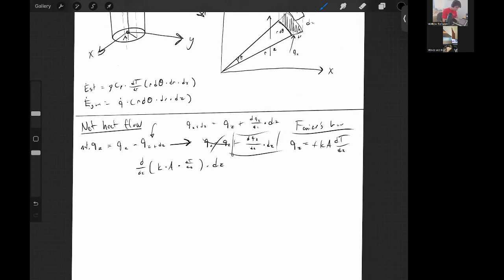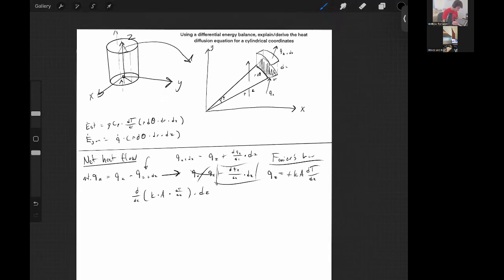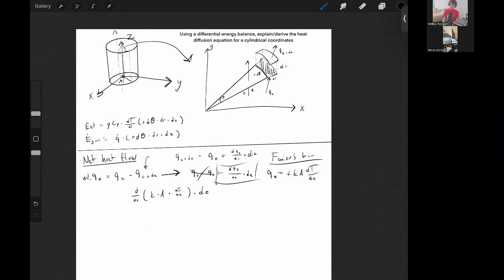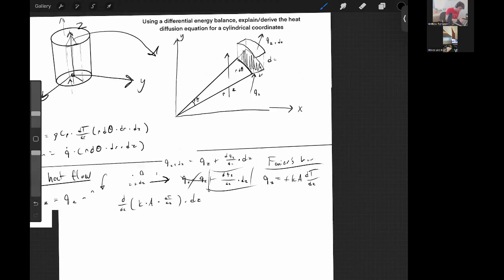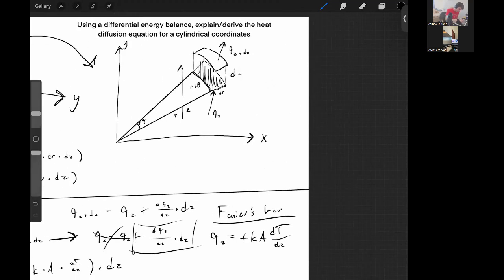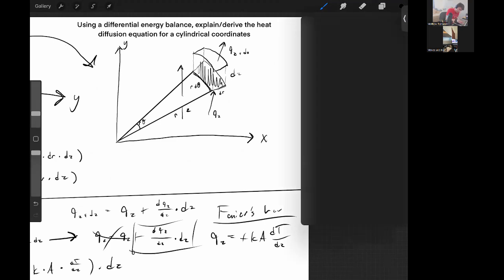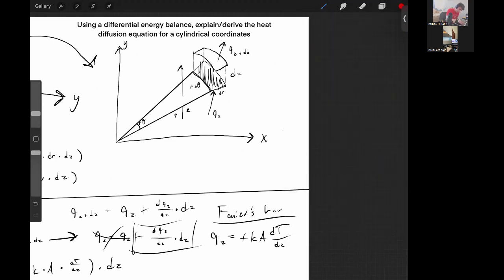So, something to know. What is our area? Our area in this case is the cross-sectional area that the heat flow is entering through. So if we observe this three-dimensional object, coming from the z coordinate, Q of z, we're going to go through, I'm going to circle it here, this cross-sectional area.